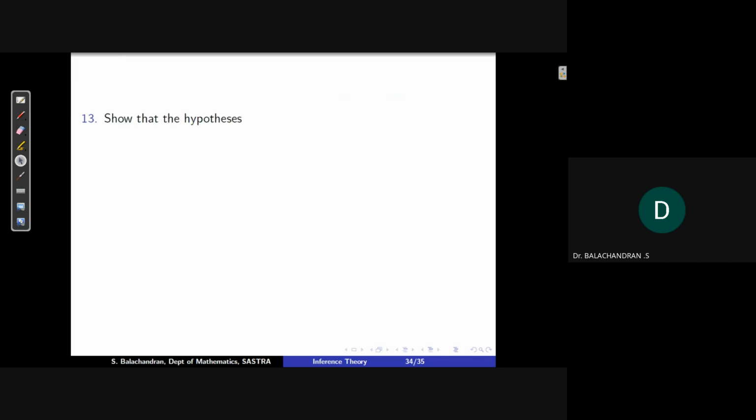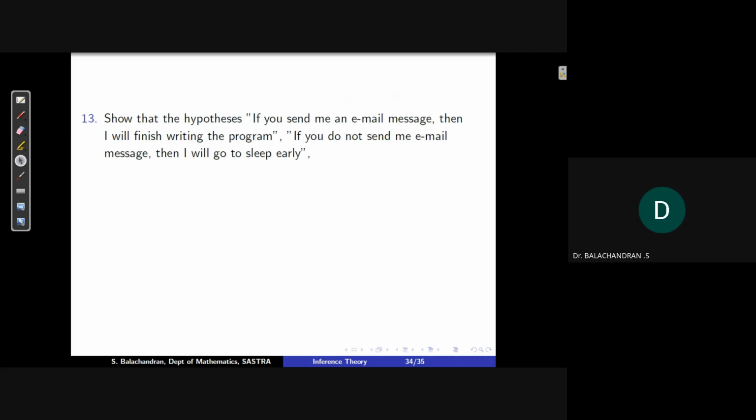Next problem, last problem. Show that the hypothesis: if you send me an email message, then I will finish writing the program. This is the first premise. Next premise, if you don't send me an email message, then I'll go to sleep early.